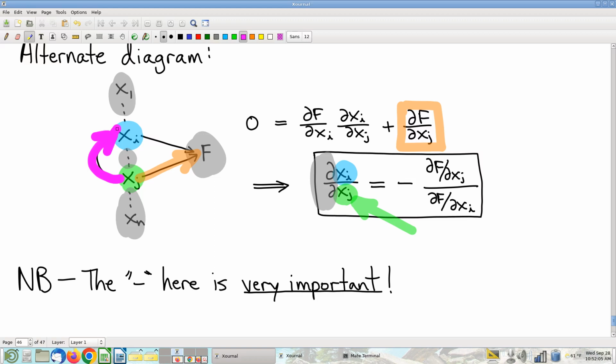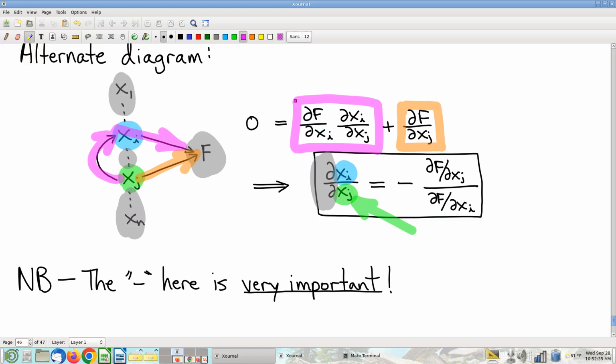And then as xi changes, that causes a contribution to the change in f. So that's that term. These two paths are really all we've got. And the beautiful thing about this is it doesn't matter how many other variables you have. It goes all the way down to x sub n. Doesn't matter. They're all constants. So no matter how many variables you have, there's just the two terms.